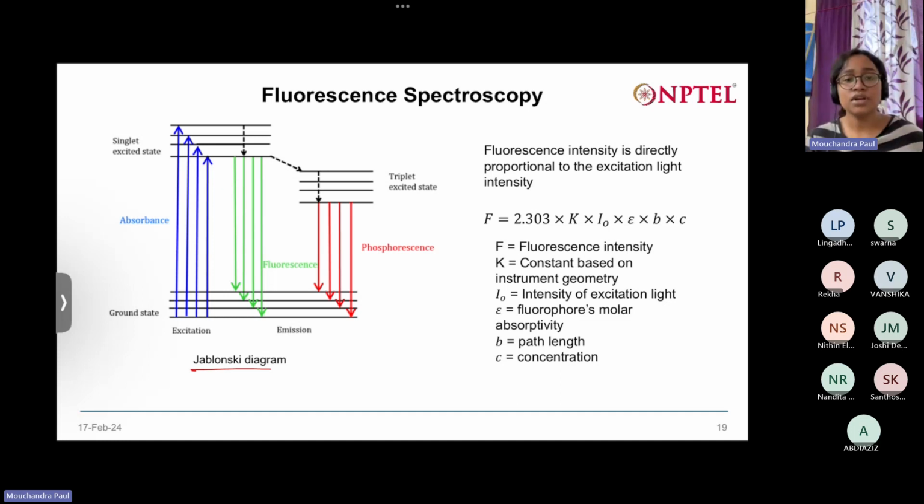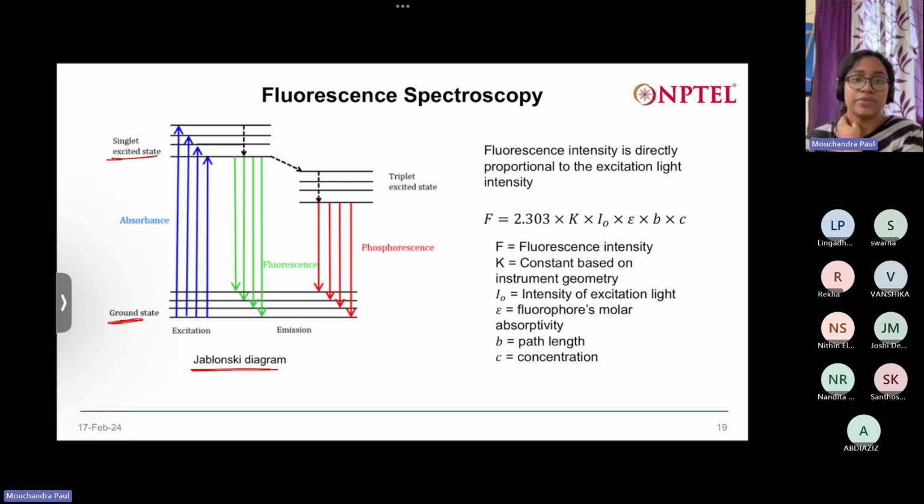So when you are irradiating your sample with some light, the photons from this light will be used to excite the electrons that are present in the ground state, and they will move to higher energy excited states. In the excited states there are something called singlet excited states, and depending on the photon energy each of these electrons has absorbed, it will move to a different singlet excited state.